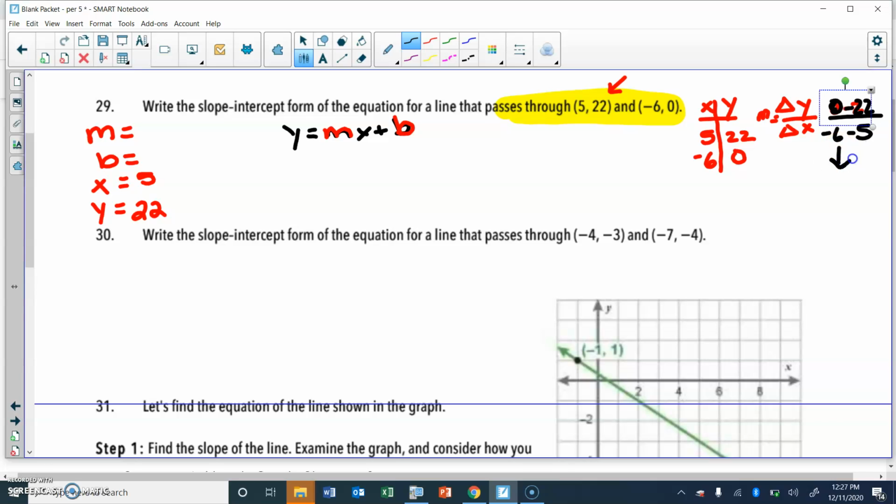All right, I'm going to go downward. So 0 minus 22 is negative 22. Negative 6 minus 5 is negative 11. Negative 22 divided by negative 11 is a 2. So I have a slope of 2. M equals 2.